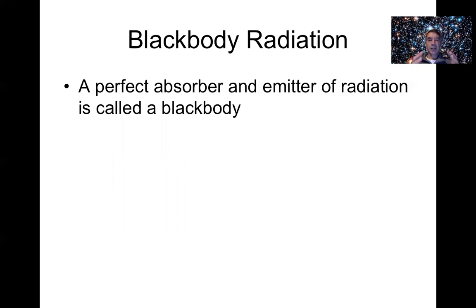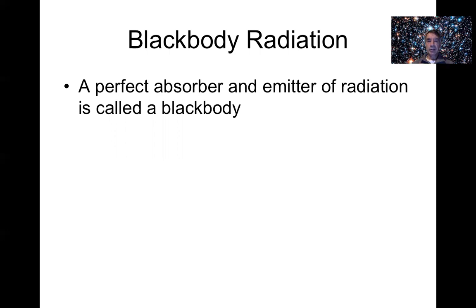But of course, everything has a temperature, and anything that is above 0 degrees Kelvin will also emit radiation. And so if you invert that concept of a perfect absorber, you can also get the concept of a perfect emitter, so that it would perfectly emit radiation commensurate with whatever temperature the object actually is.